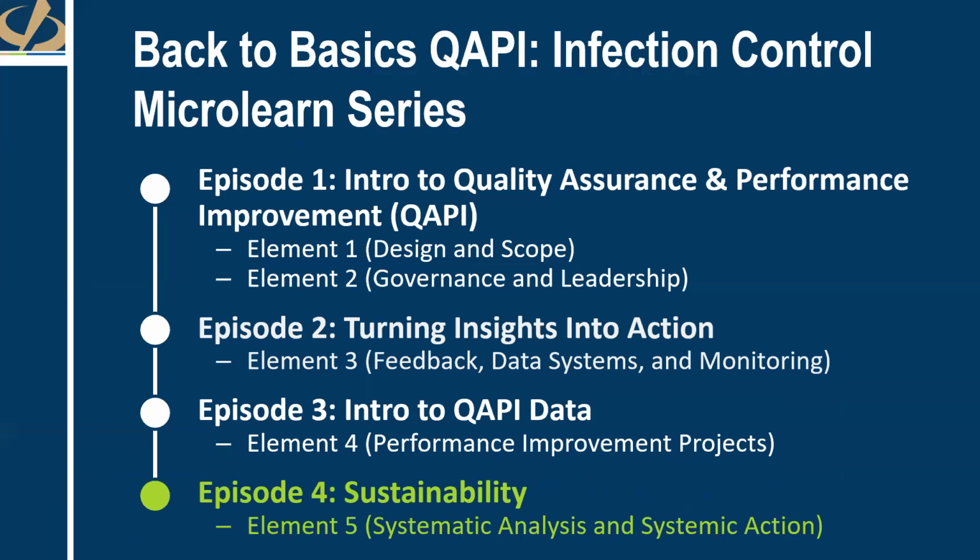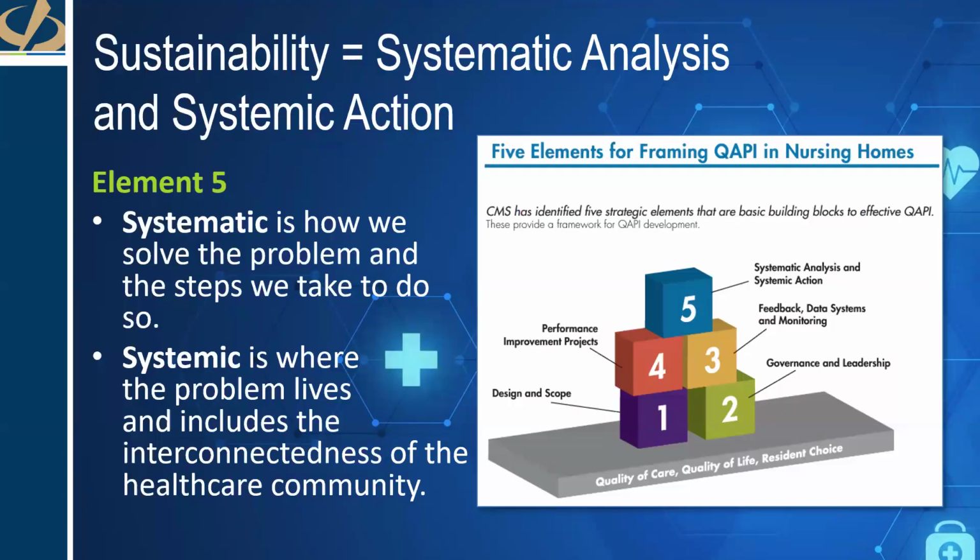It's the fifth and final element in the QAPI framework, focusing on systematic analysis and systemic action. Both are essential for embedding improvements into your facility's culture and making them stick. To achieve sustainability, you need a good grasp of two critical components: systematic analysis and systemic action.